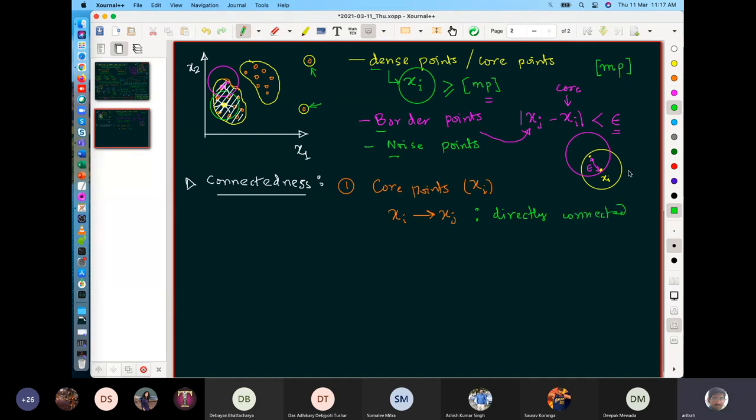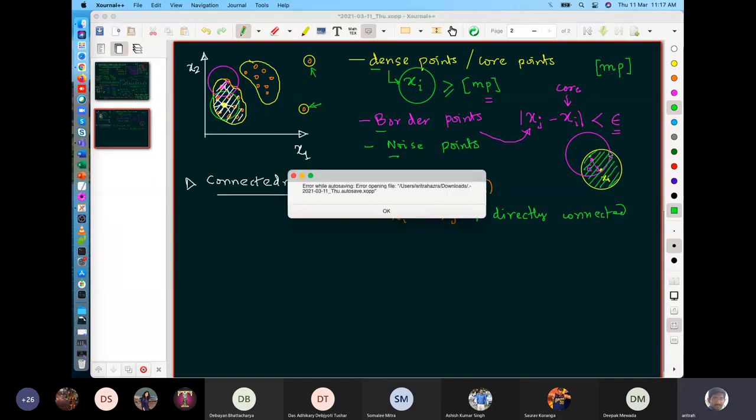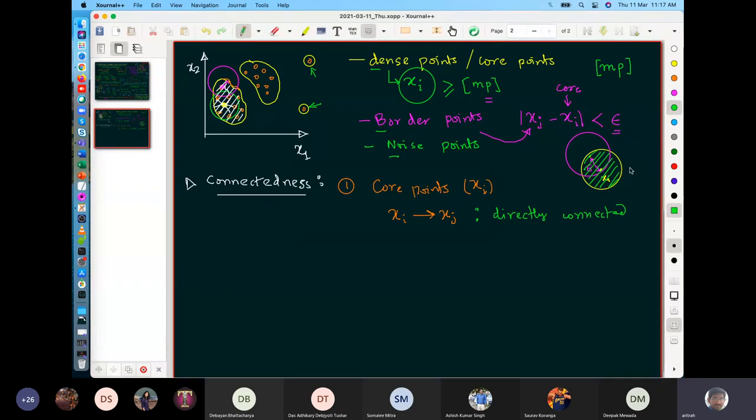Given a core point, I draw a radius, and in that radius, obviously it will have more than the minimum number of points threshold I have. So all the points that come inside this radius are directly connected to my core. Obviously you can understand that with respect to epsilon, if xi is a dense point, then this relation also holds. So my definition of directly connected is symmetric.